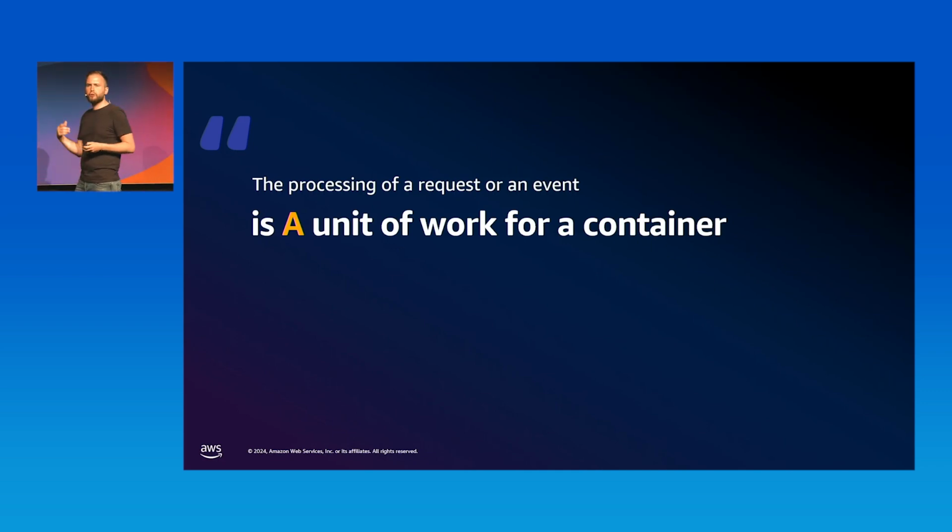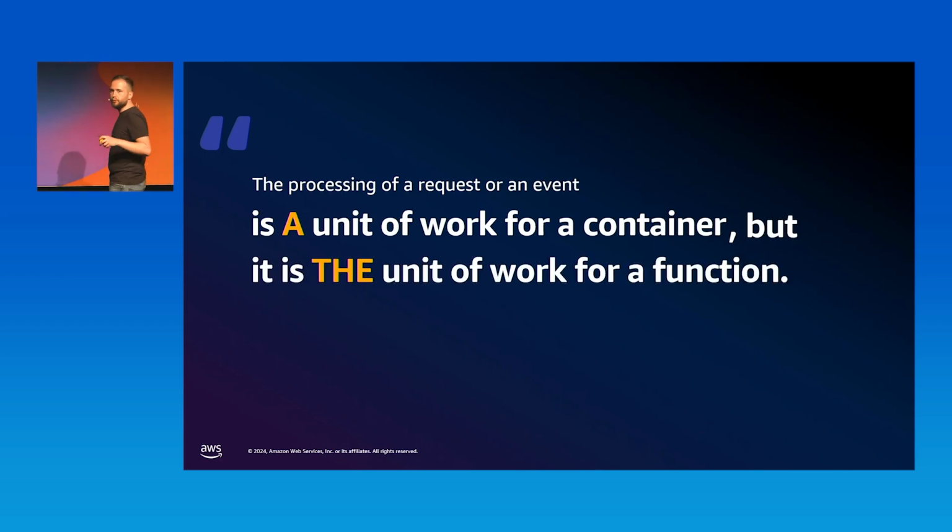Among other things. So the container handles multiple requests at a time. There might be background tasks running, okay? There might be someone polling all the time, right? So usually the actual processing, so executing your business logic, is a unit of work for a container. But for the function, it is the unit of work.